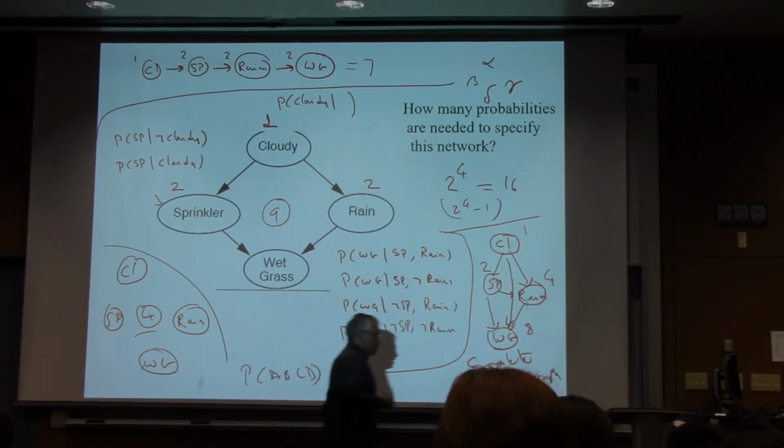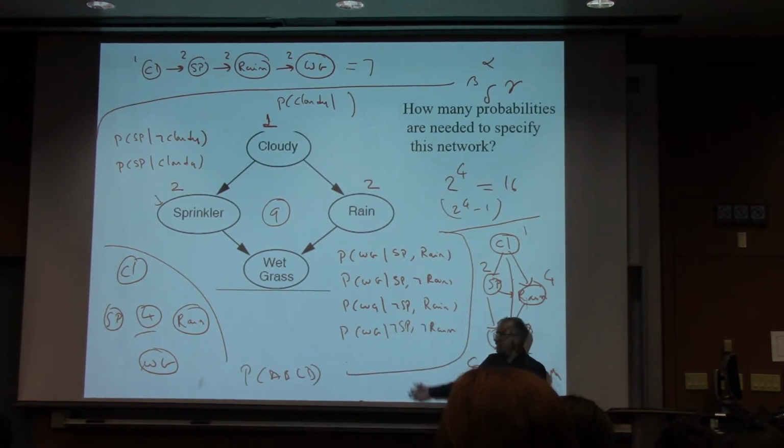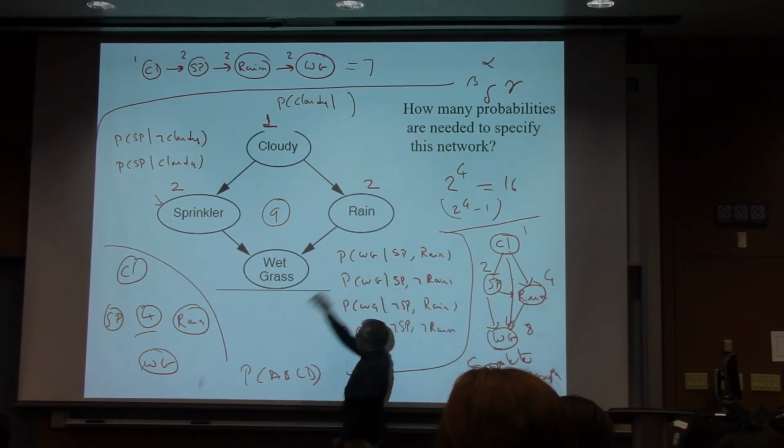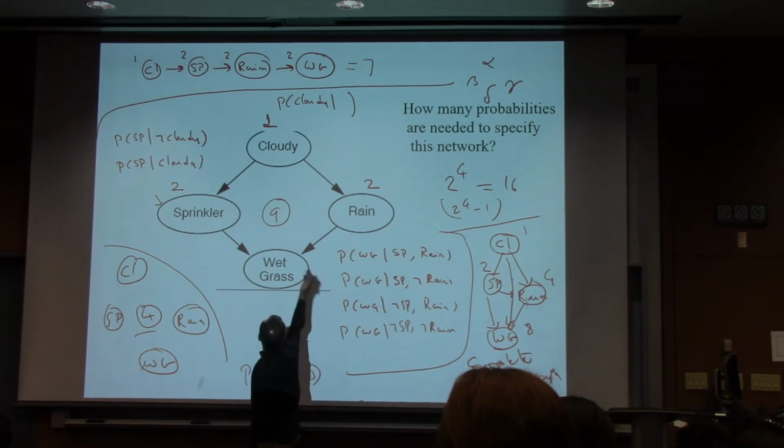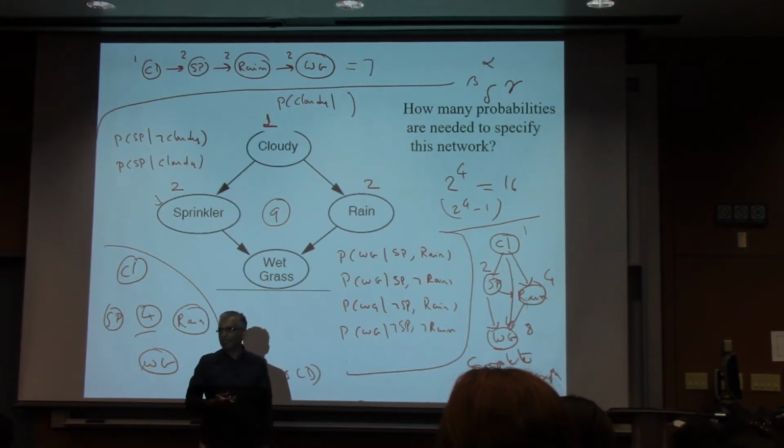One of the things you would hope to do is you will see data involving alpha, beta, gamma, delta, or data involving cloudy, sprinkler, rain, wet grass, and from the data, learn the Bayes network. Right? That's what you would like to do. Okay?